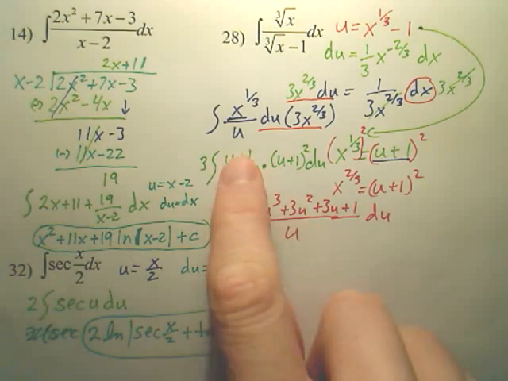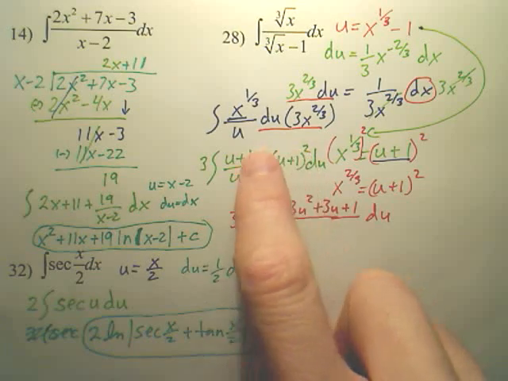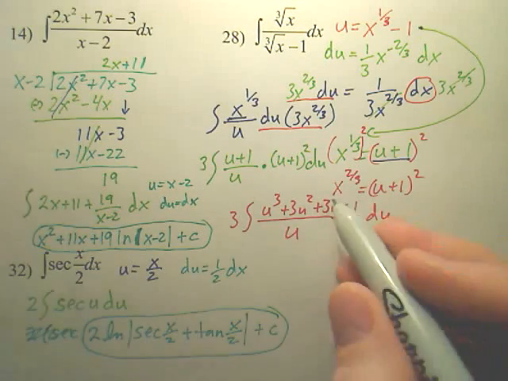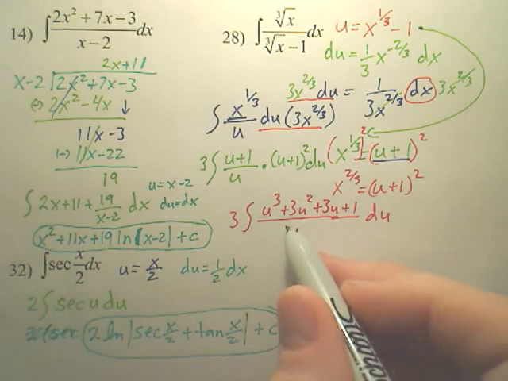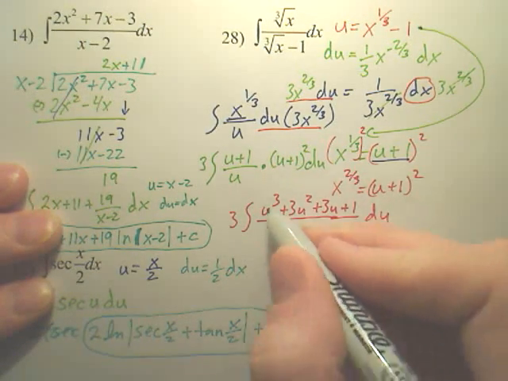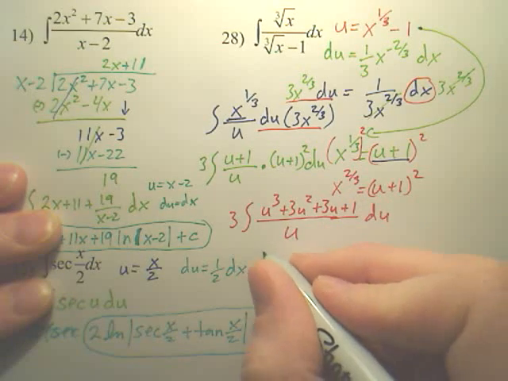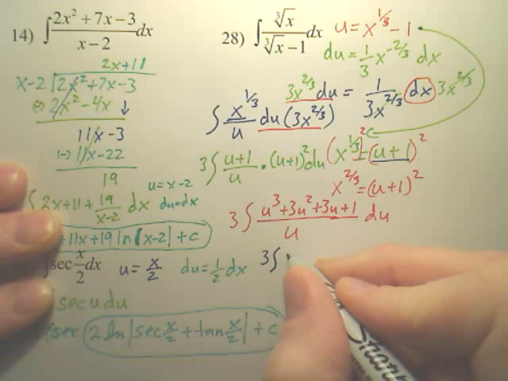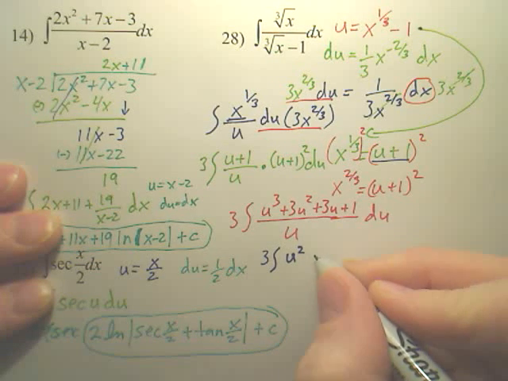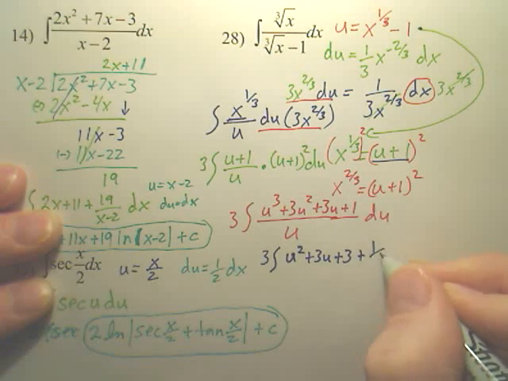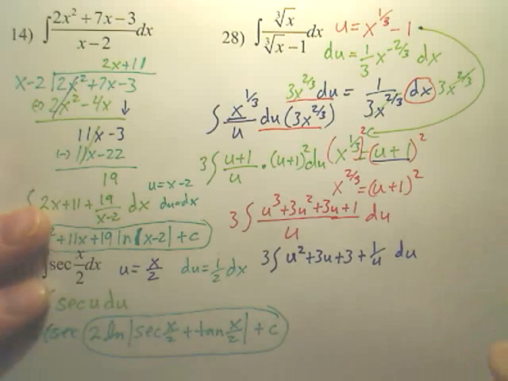Are you guys okay? This, when you multiply this times the square of this, you get this. I'm just saving time. So, from here, you now want to divide each piece by u. So you have 3 and the integral of u squared plus 3u plus 3 plus 1 over u du.